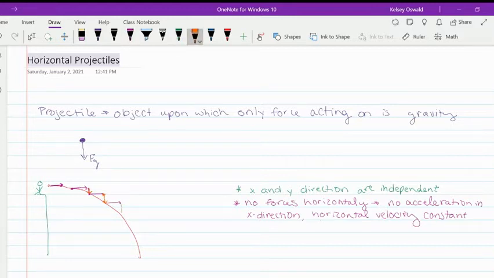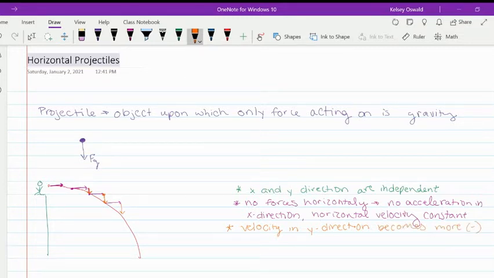So since we have that force acting in the vertical direction, we are going to have something causing our motion to change, and we're going to accelerate. And since gravity points downwards, we're going to accelerate downwards. So velocity in the y direction becomes more negative.